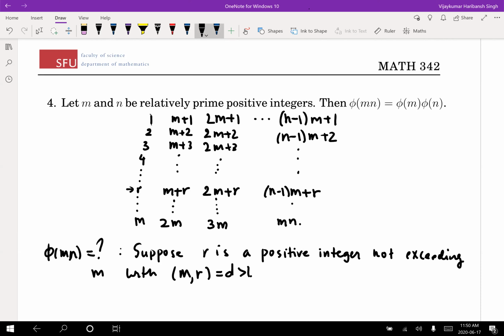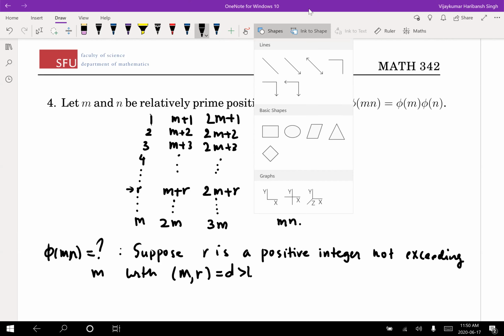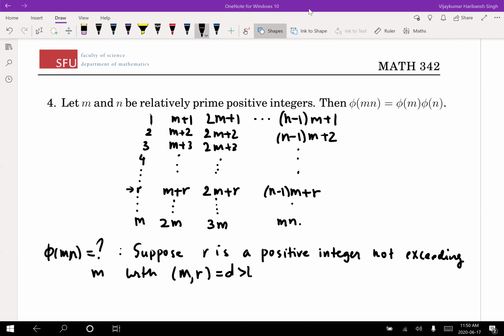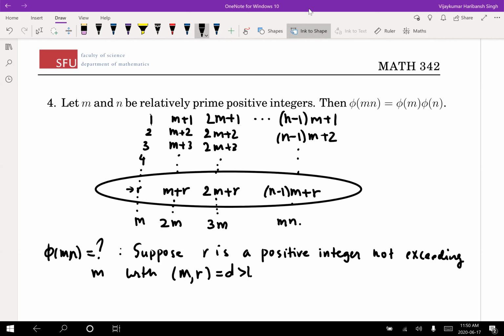So this means that none of these are going to be what?